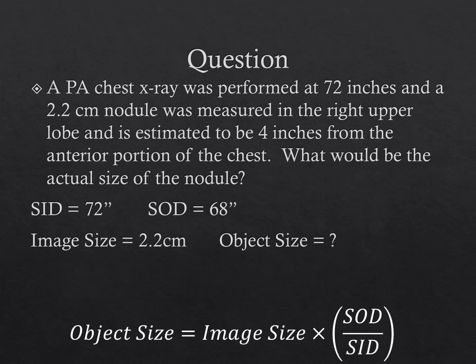So I take 72-inch SID minus the OID of 4 inches, and it's going to give me the SOD of 68 inches. So now plugging all of that into the formula, I have a 2.2 centimeter measured nodule times the 68 SOD divided by the 72-inch SID.